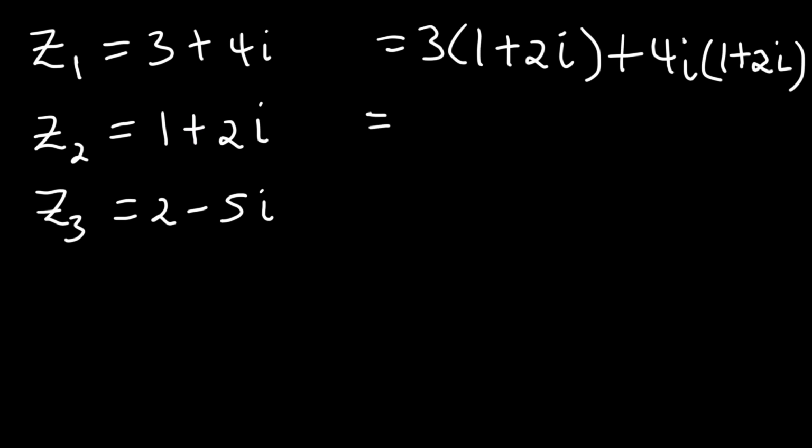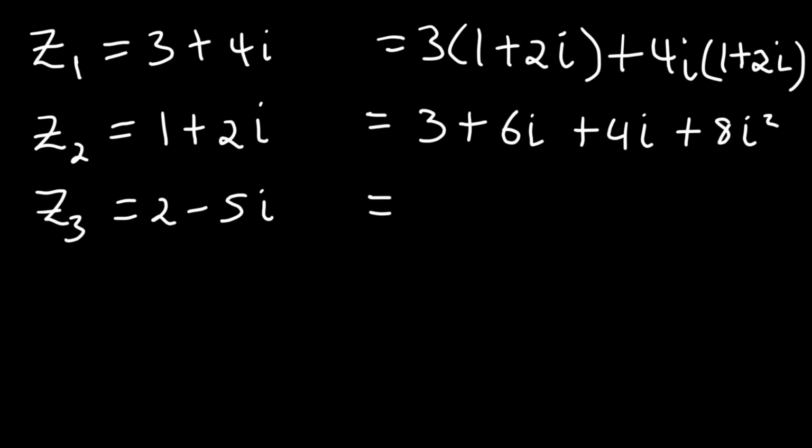So this will be equal to 3 times 1, which is 3, plus 3 times 2i, which is 6i, and then plus 4i times 1, which is 4i, and then plus 4i times 2i, which is 8i to the power of 2.